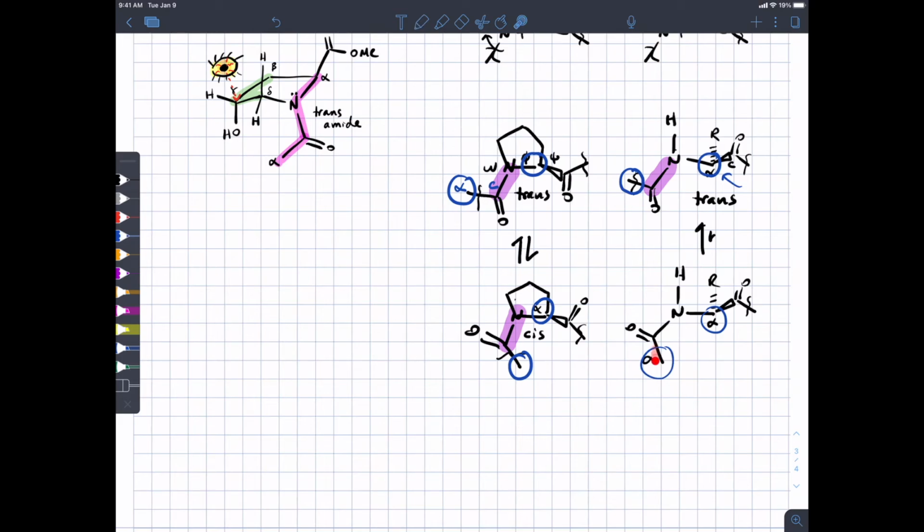Right? You'd have the alpha carbon eclipsed with the other alpha carbon. But in the case of proline, either way, you're eclipsed with a CH2 group, so who cares?